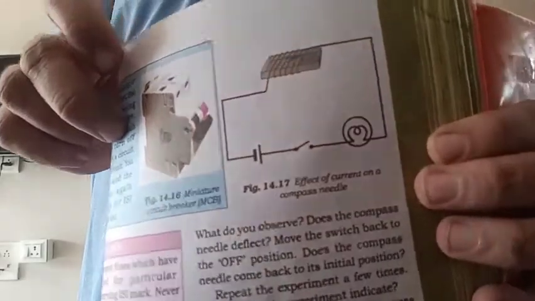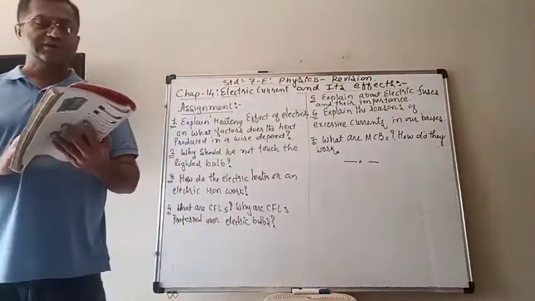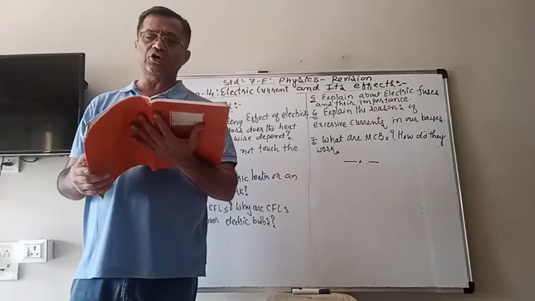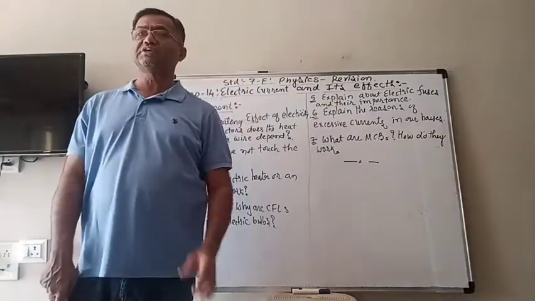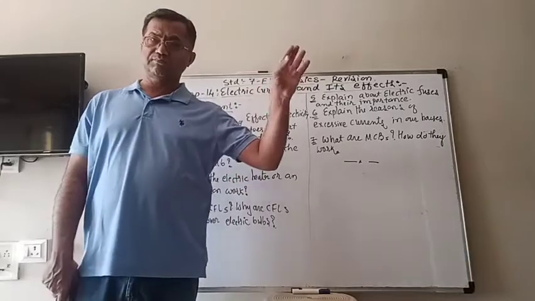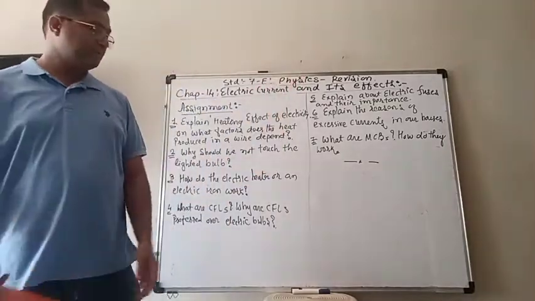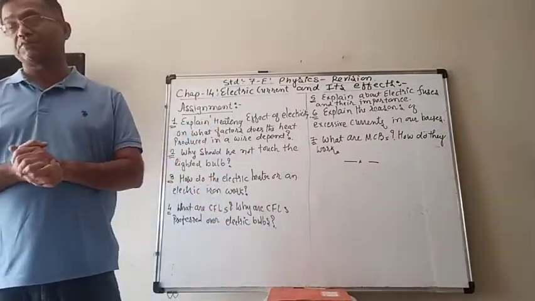I hope everybody is familiar with MCBs. So when excessive power is there, it automatically switches off, and then when we switch it on again, it can complete the circuit and the power will go in the wires.